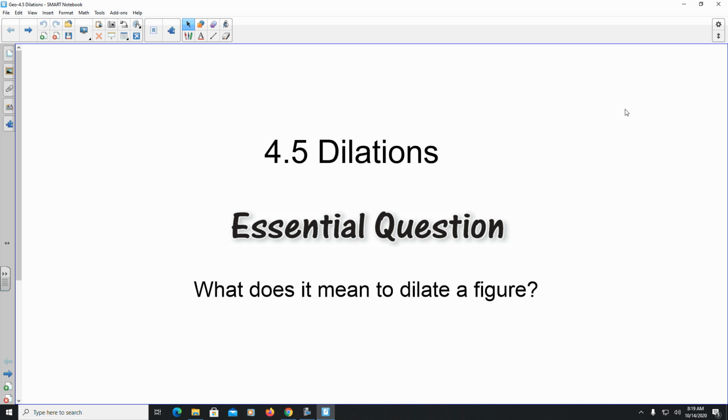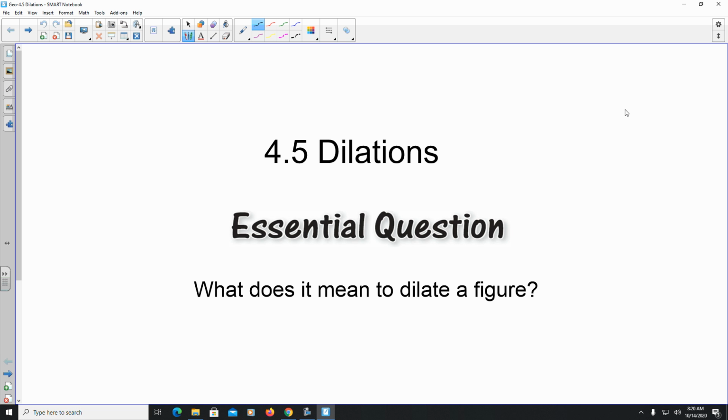In this video, we're going to be looking at section 4.5, where we're going to look at dilations. Anytime I think of the word dilation, I always think of when they put those drops in your eyes at the eye doctor, and your pupils get larger.